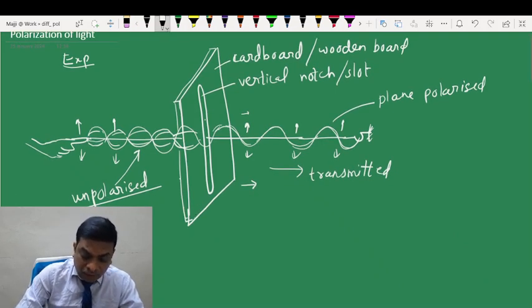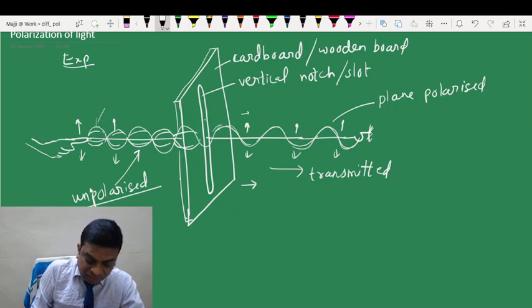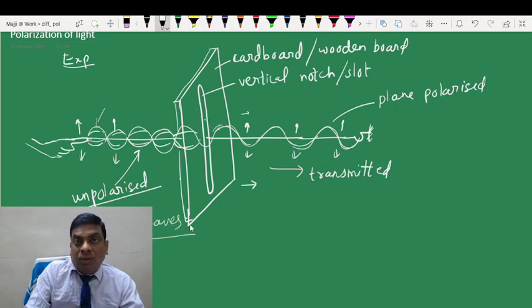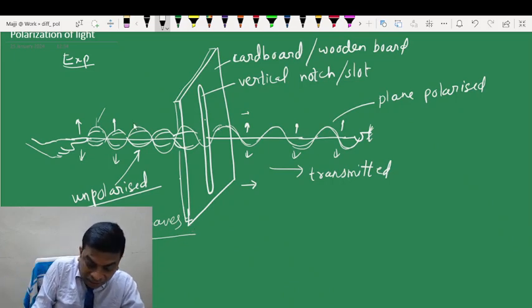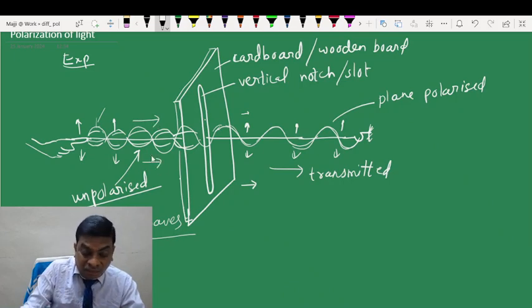Now the most important aspect of this is, you can see here the waves which were set up on the left-hand side were basically transverse waves. Why transverse waves? Because the string particles were oscillating at right angles to the direction of propagation of the wave. The direction of propagation of the wave is along the string, whereas the string particles were vibrating perpendicular to it.